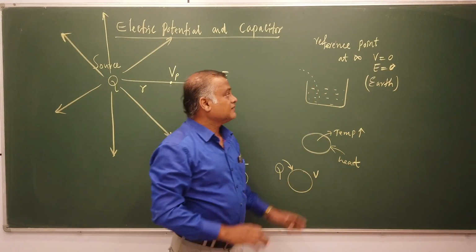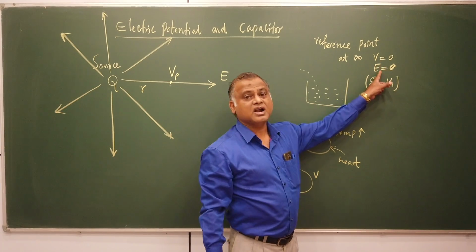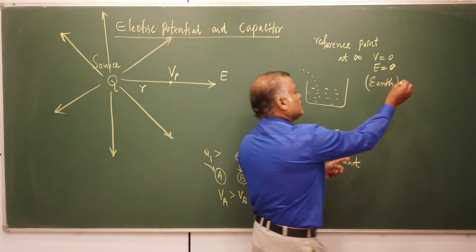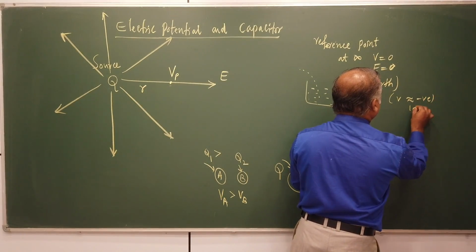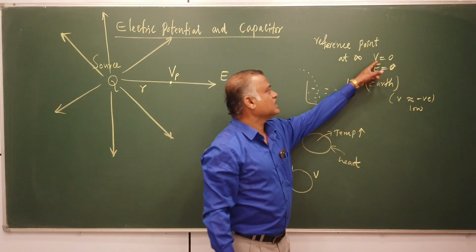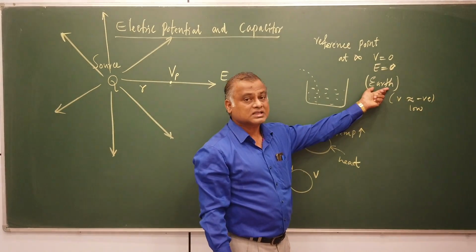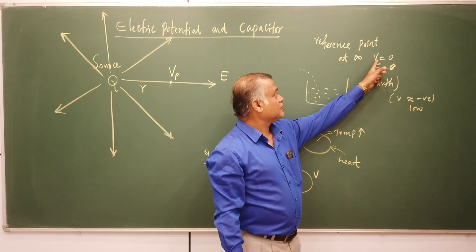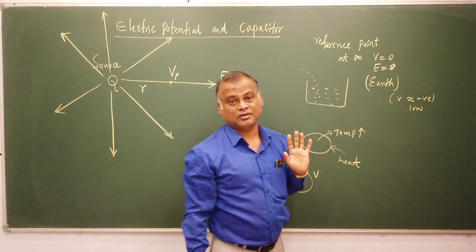The earth itself is chosen as an infinite point where the electric potential and electric field are 0. Usually for earth the potential is very low but negative, and this value is almost taken as 0. So we take the earth as a reference where the potential is 0 and electric intensity is 0.